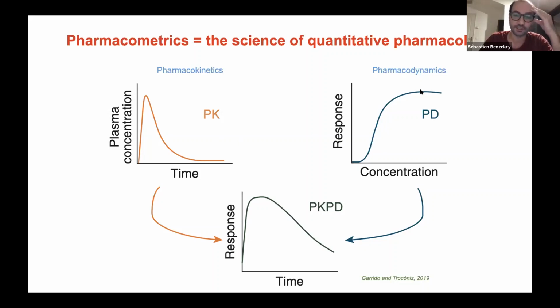Pharmacodynamics, which you can think of as describing the response or the effect of the drug as a function of the concentration. When you combine PK and PD, you get PK-PD models describing the response, for instance, to more efficacy or toxicity as a function of time.